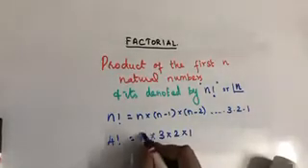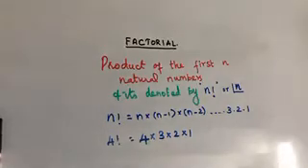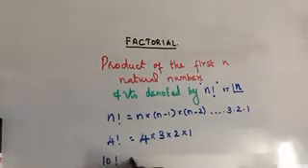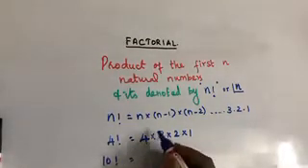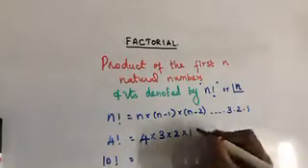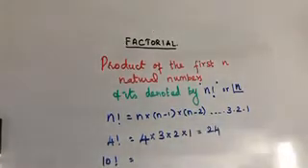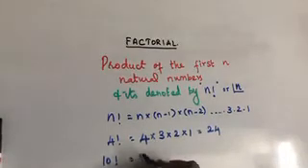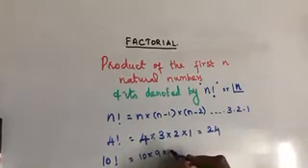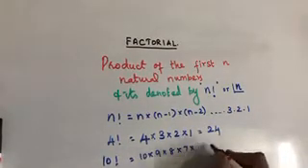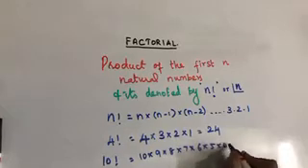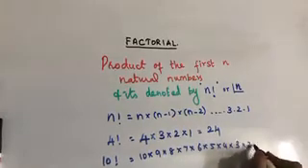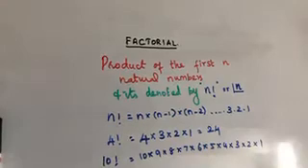Okay, so the multiplication of the numbers. 4 3s are 12, 12 2s are 24 into 1. So it is 24. So 10 factorial is 10 into 9 into 8 into 7 into 6, 5, 4, 3, 2, 1.